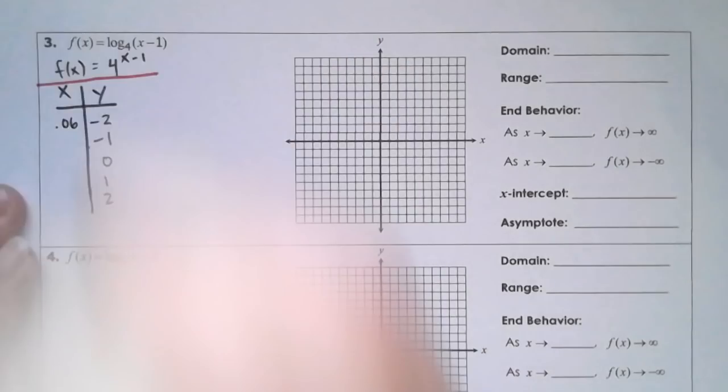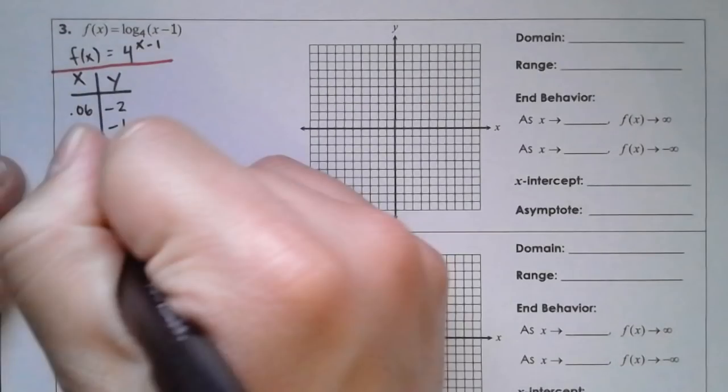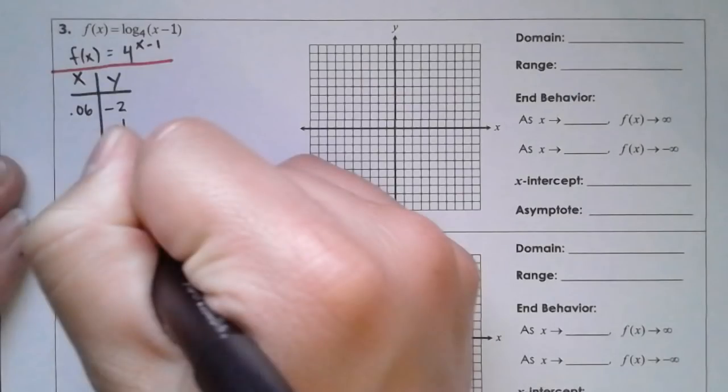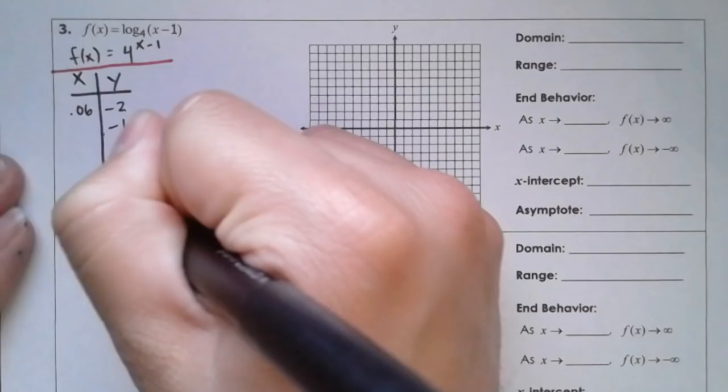I'll write it down here better because I'm not feeling too confident with my explanation here. So this is technically f of x, 4 to the x, the inverse, so log base 4 of x.